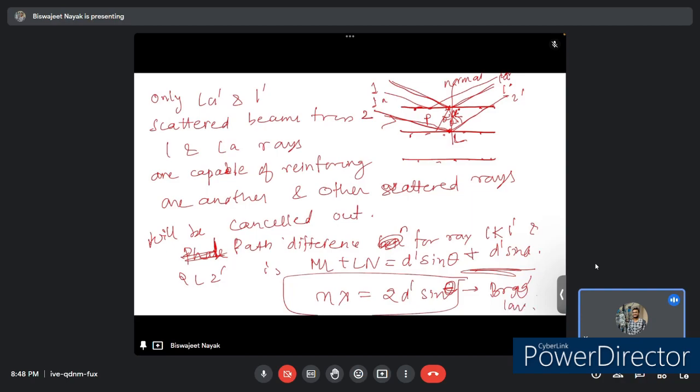So whatever rays are deflecting from the planes, only those which are capable of reinforcing one another will sustain, and the others will cancel out, and they contribute to the diffraction. This is what we call Bragg's law. It essentially states the condition which must be met if diffraction is to occur.